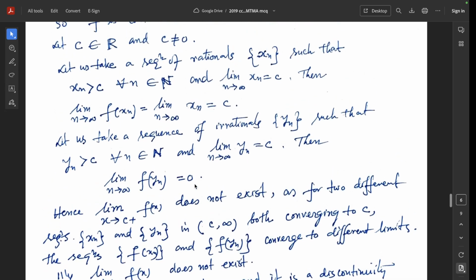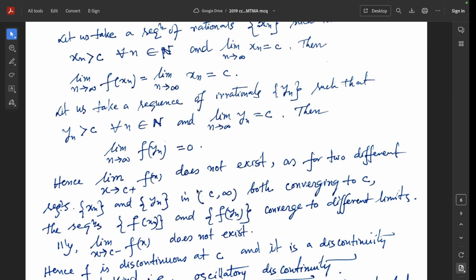Hence the limit of f(x_n) equals c, and the limit of f(y_n) equals 0. Hence the limit of f(x) does not exist, as for two different sequences x_n and y_n within this interval (c, infinity), both converging to c, the sequences f(x_n) and f(y_n) converge to different limits. And similarly, we can find that the limit as x tends to c minus of f(x) does not exist also.